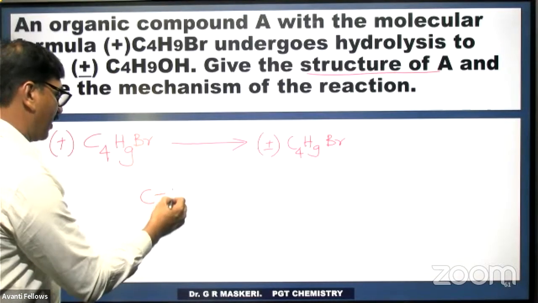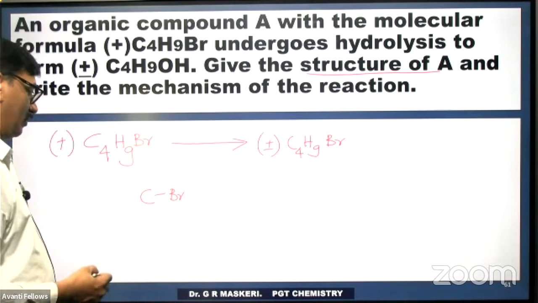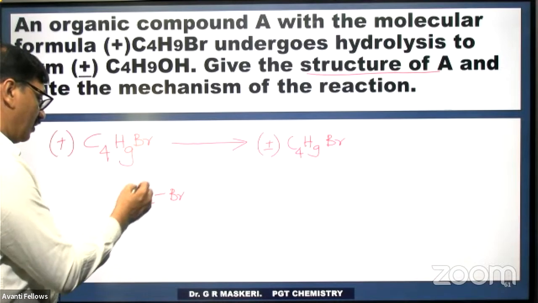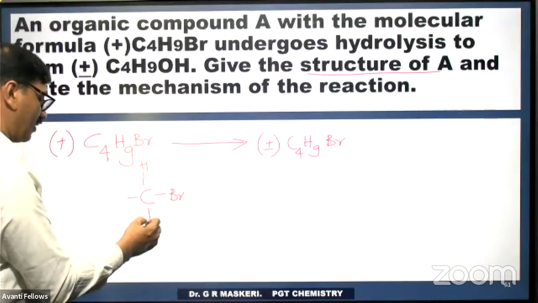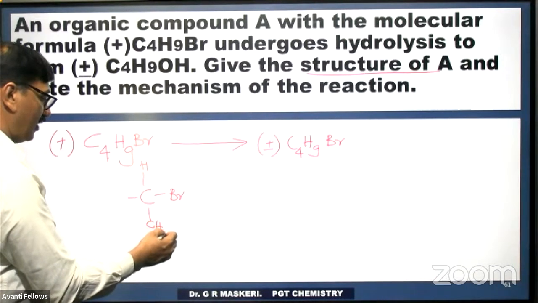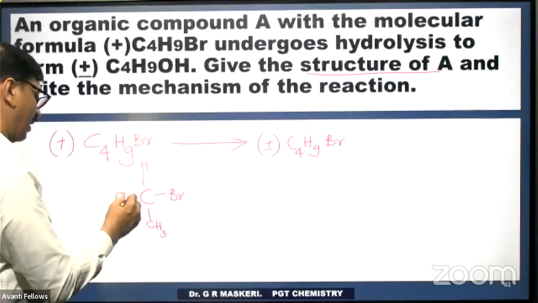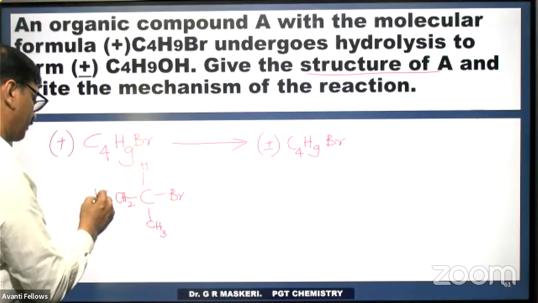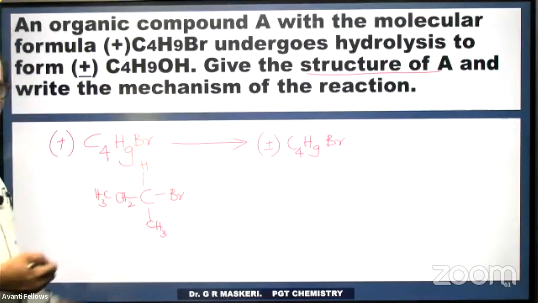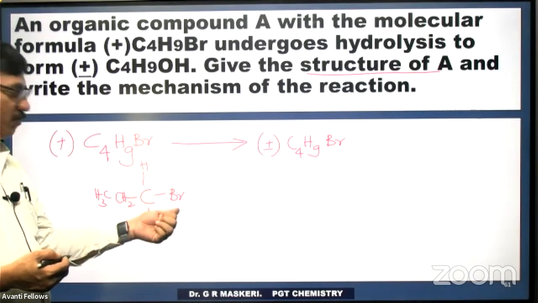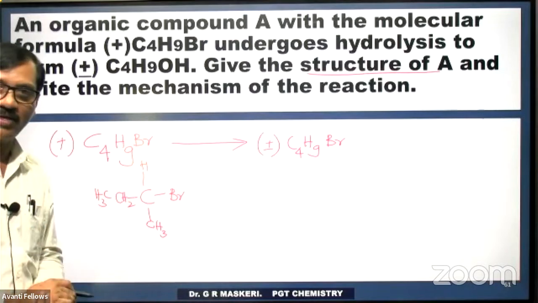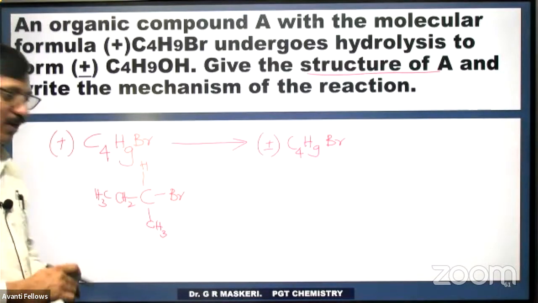The carbon having Br should have one H, another can be CH3 and another can be CH2CH3. One is a methyl group, another is an ethyl group attached to the carbon atom, along with Br and H. Is it optically active? Yes, it can be optically active.